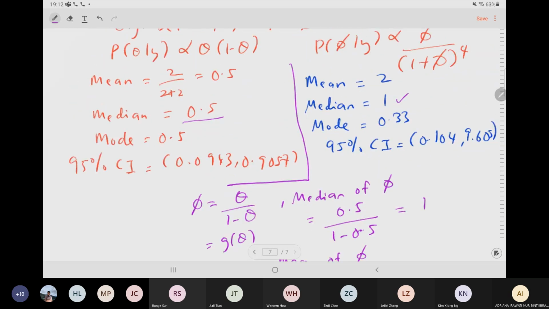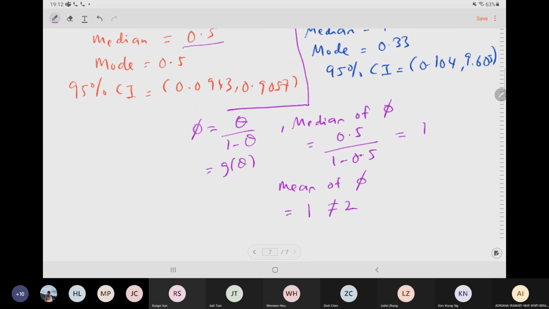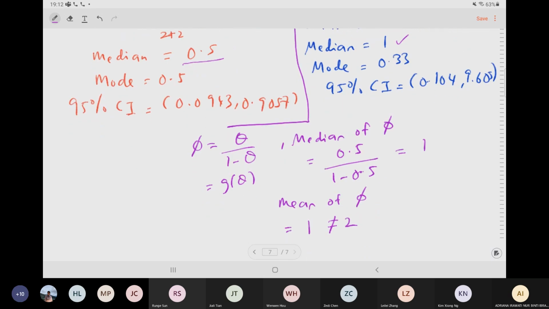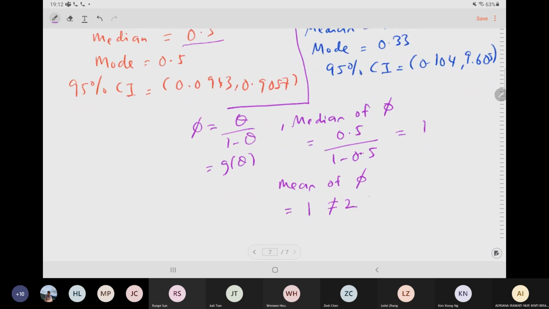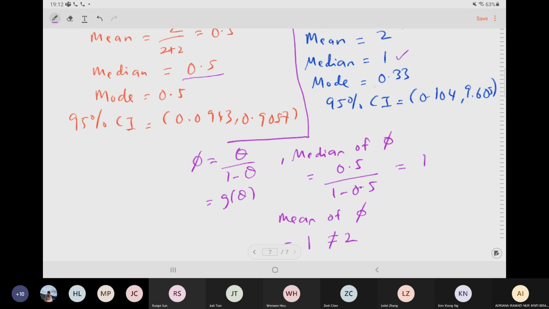It's not equal to 2, because under the F distribution, the mean of phi is 2. So it's not the same as the mean from the distribution. That's why it's not invariant under the function. The same with the mode: the mode from the transformation is 0.23, not the same as the mode, which is 1. So again, it's not invariant.